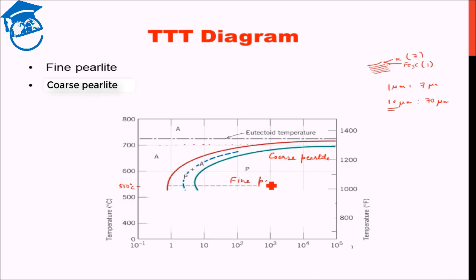Fine pearlite. Okay, so this gives you an idea where we will have a coarse pearlitic structure and where we will have a fine pearlitic structure. We'll not go into the details of exactly how the properties vary between coarse and fine pearlite. We'll see that briefly later.